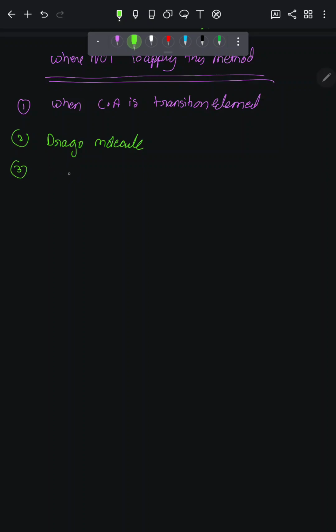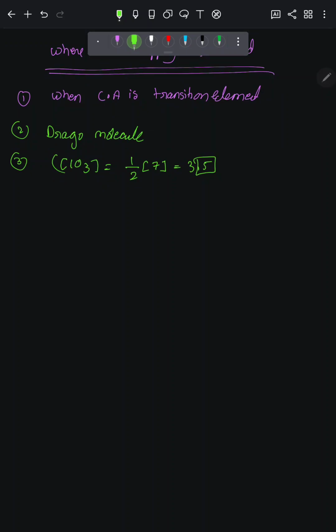Just like ClO2, if we calculate it, it will be 1 upon 2 of 7, so 3.5. The steric number will never be a decimal. If we get a decimal, then this method is not applicable here.